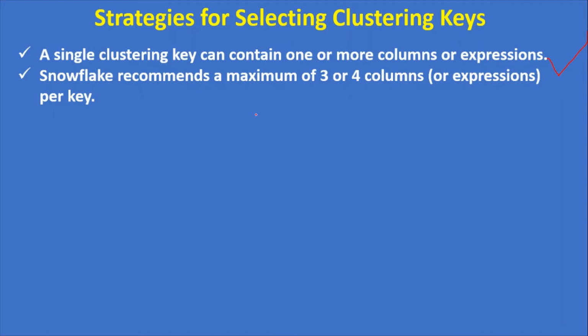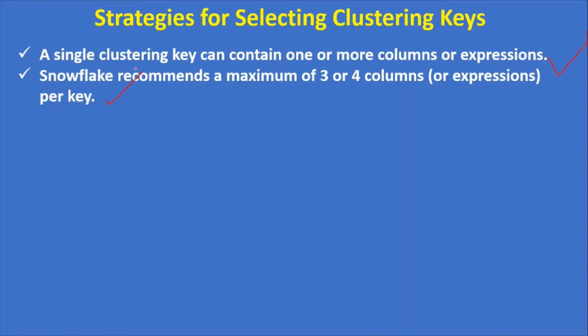Snowflake recommends a maximum of 3 or 4 columns or expressions, including the expressions, for a key. So assume that there are 100 columns. Out of 100 columns, you cannot include 10 columns like that. You have to use a maximum of 3 or 4.